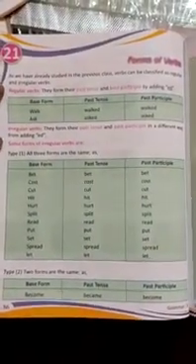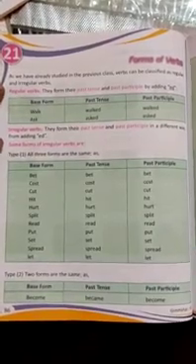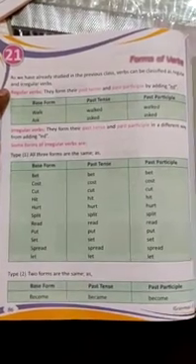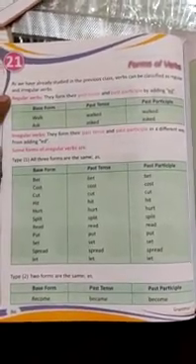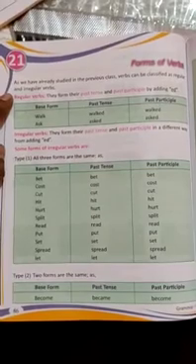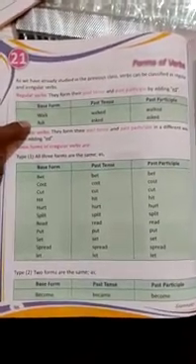The base form of the verb remains walk, and we just add ed at the end of the word. In the same way, ask, asked, asked. These are called regular verbs.